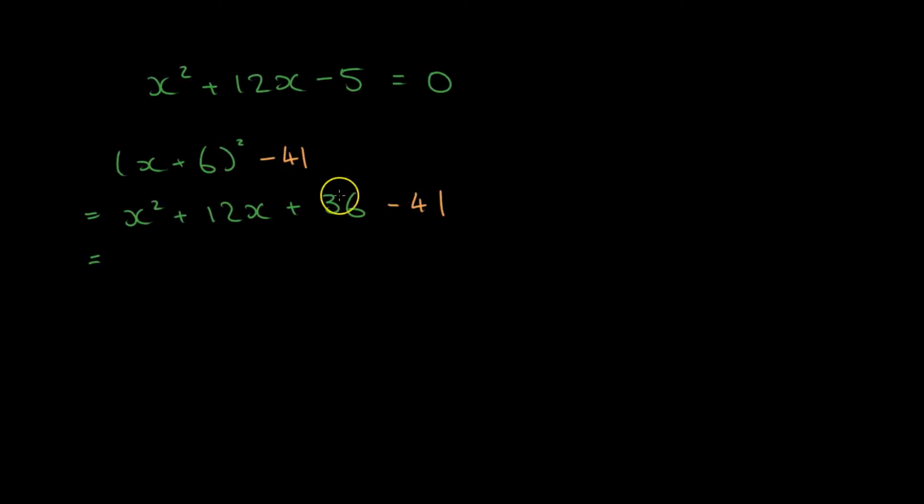And if we now simplify our expanded expression, we will see that x squared plus 12x minus 5 is equal to this form of the completed square. So now let's take the completed square form and set that equal to 0. We can add 41 to both sides.